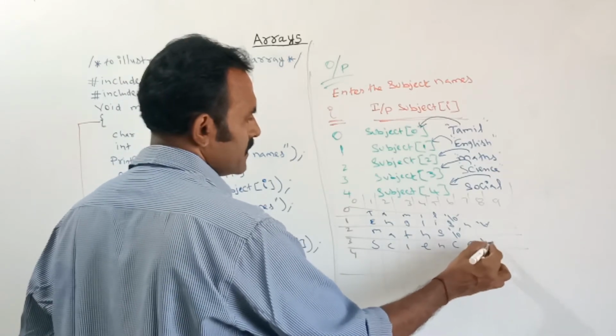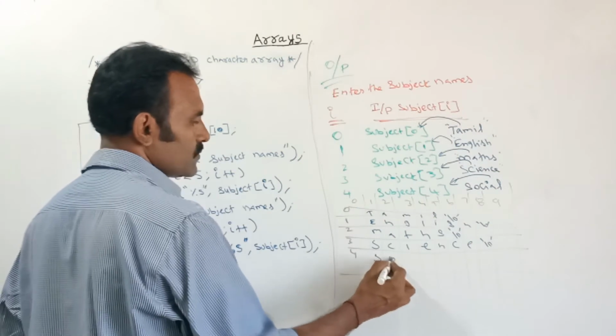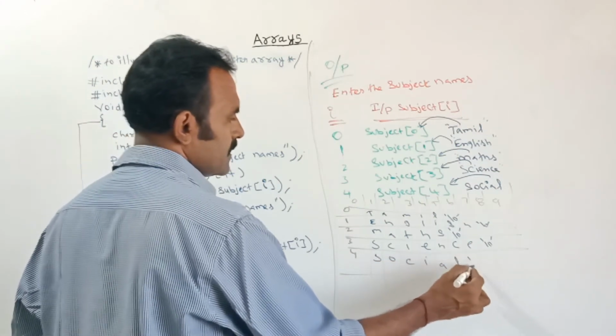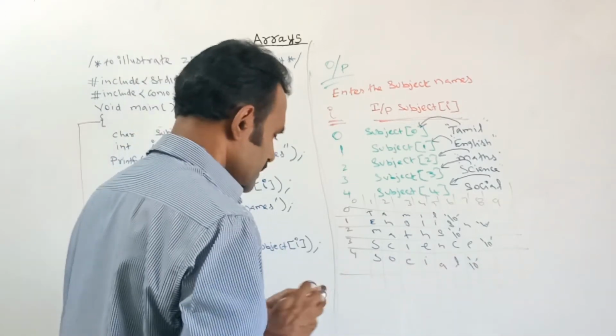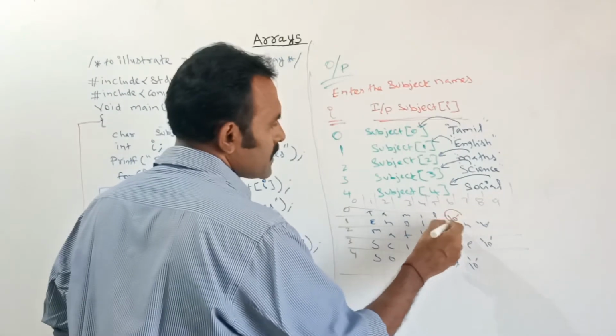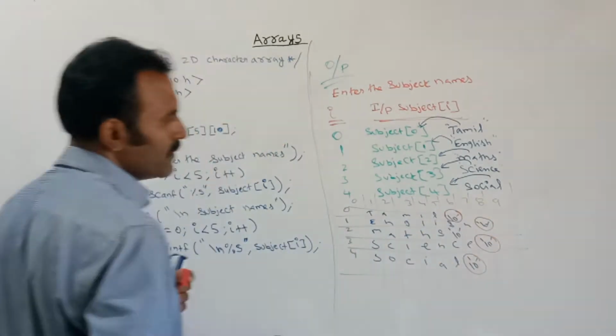At the end of the string, the \0 is assigned by the system itself. Next at last social, here \0. See, totally this \0 at the end of the string is assigned by the system.